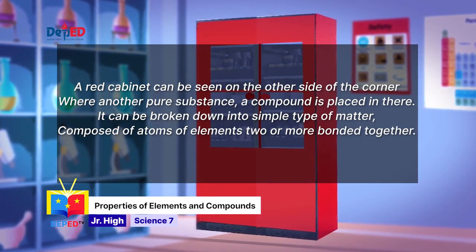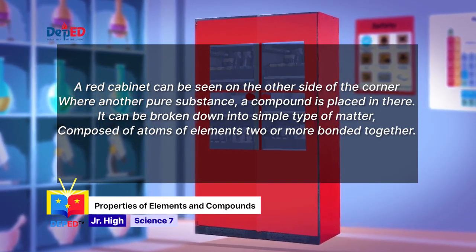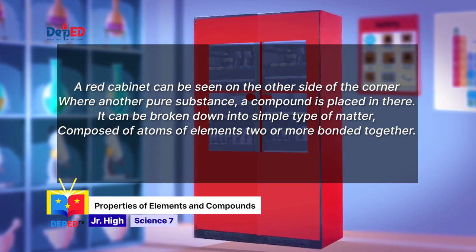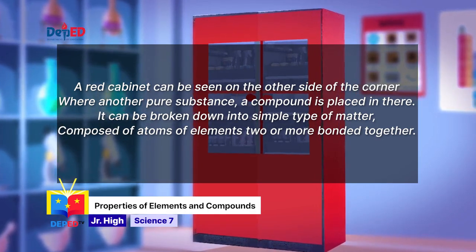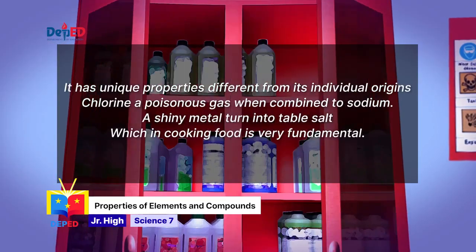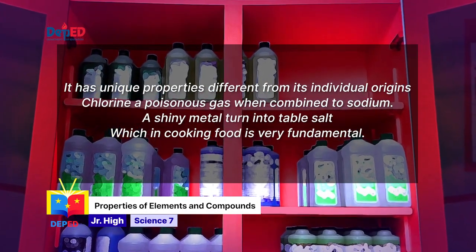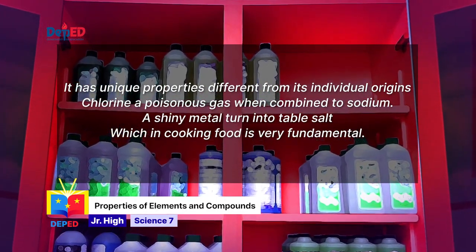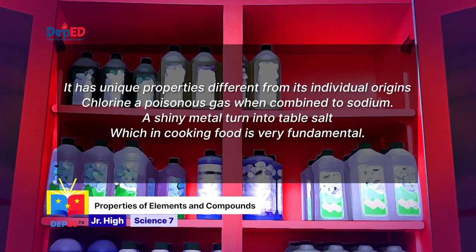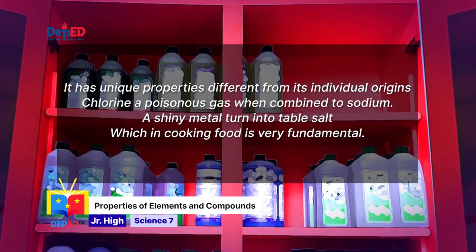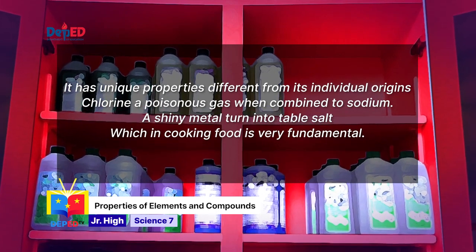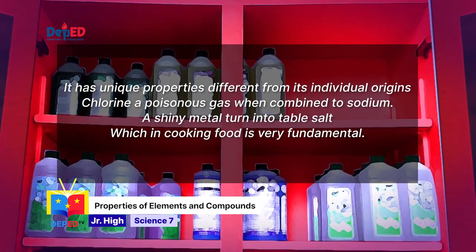It can be broken down into simple types of matter, composed of atoms of elements, two or more bonded together. It has unique properties different from its individual origins. Chlorine, a poisonous gas when combined to sodium, a shiny metal, turned into table salt, which in cooking food is very fundamental.